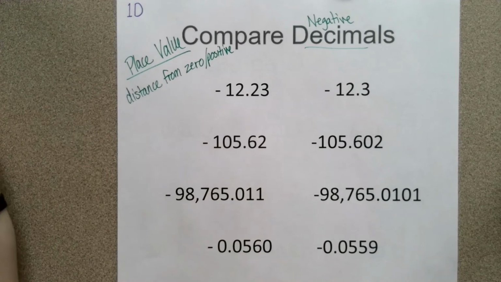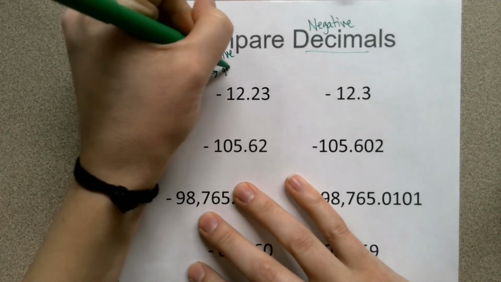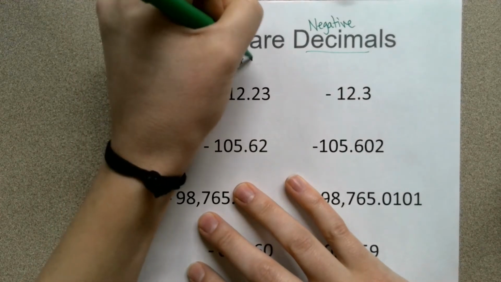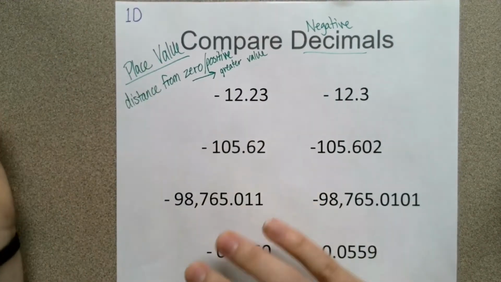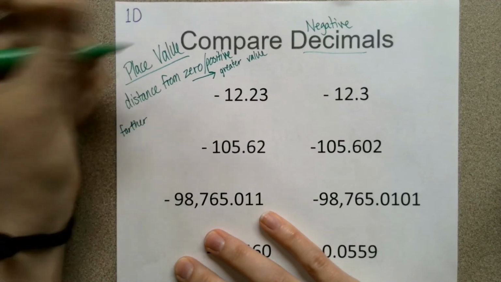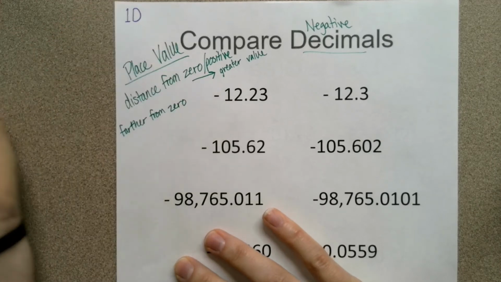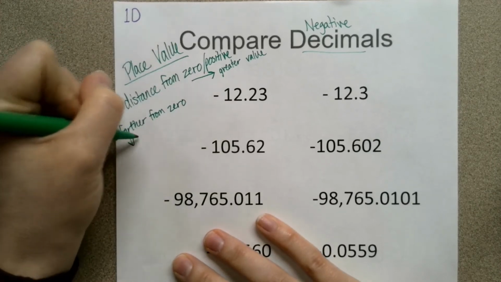And the closer it is to positive, the greater the value. The farther it is from 0 and negative, the smaller the value.